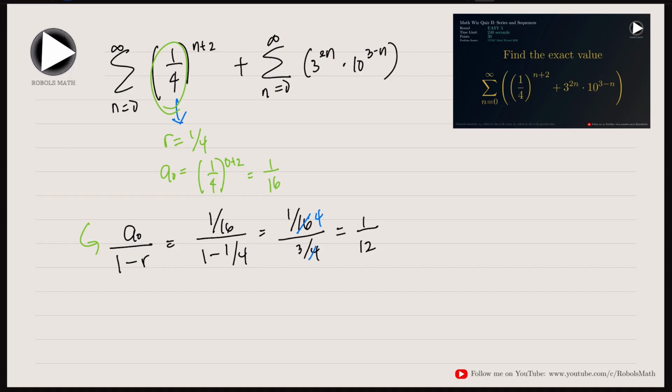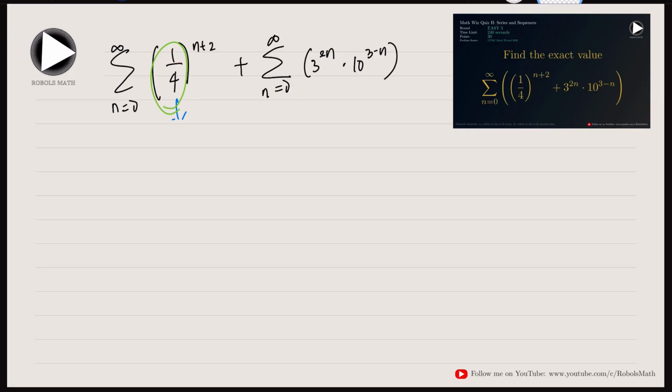Okay, again, what I did here is to just find the first term of the sequence, that's a sub 0, and then find the common ratio, and so on. That's the same method that I will use for the second expression, or the second sum.